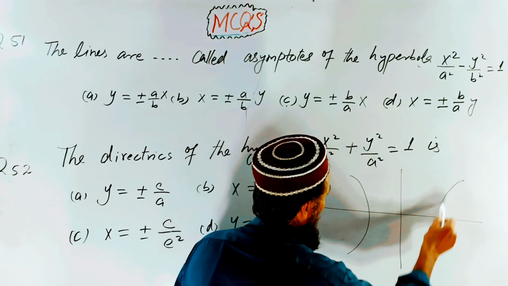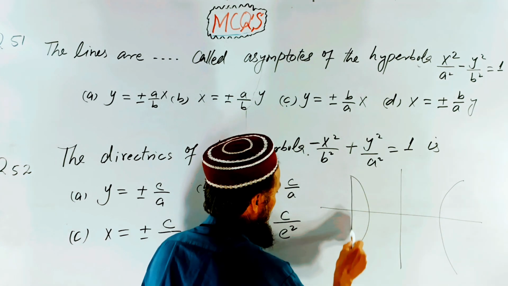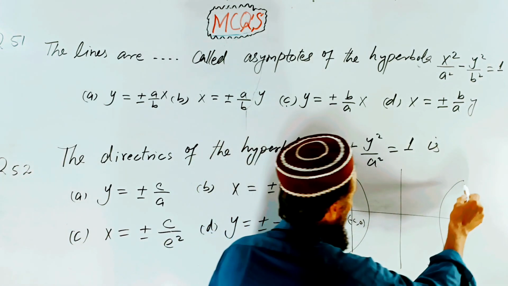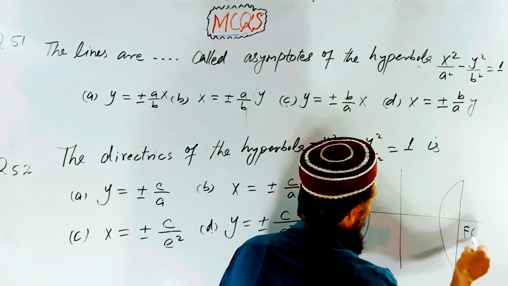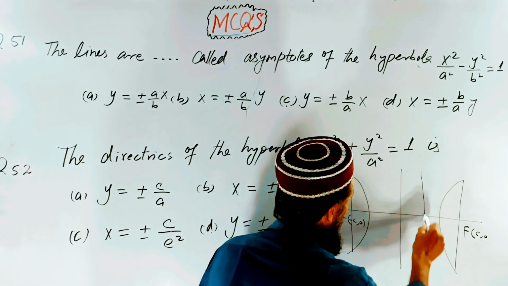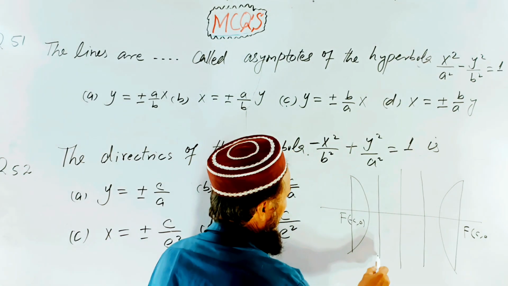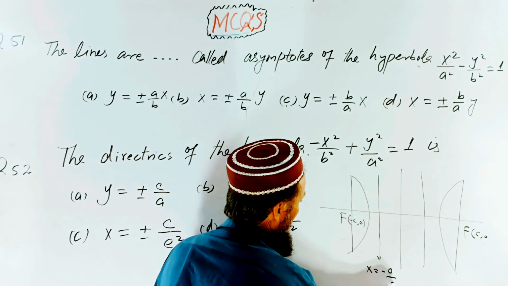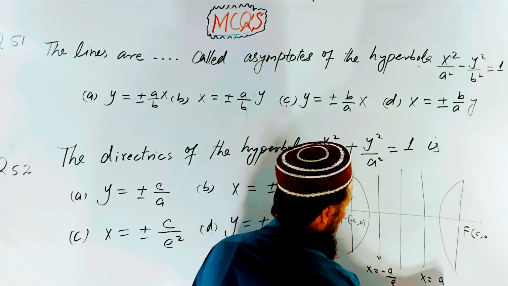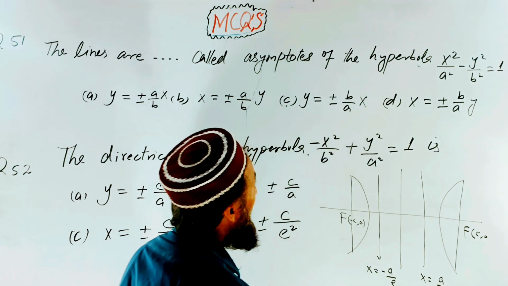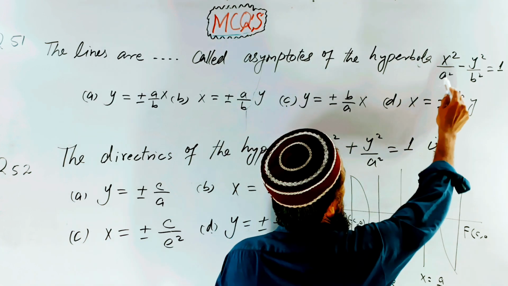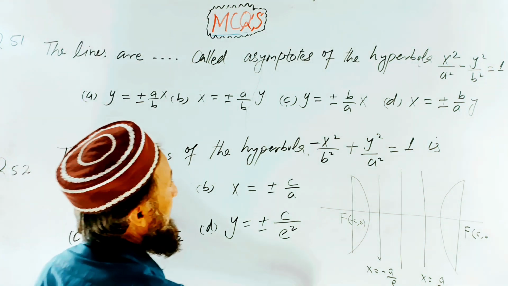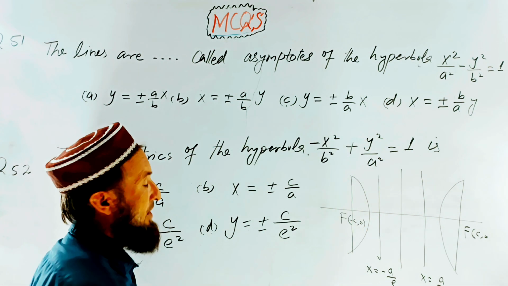These are the directrix lines: x is equal to plus minus a divided by e. The hyperbola is along the transverse axis, so the hyperbola is along the x-axis, just like in a parabola.